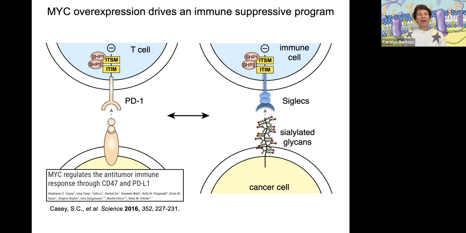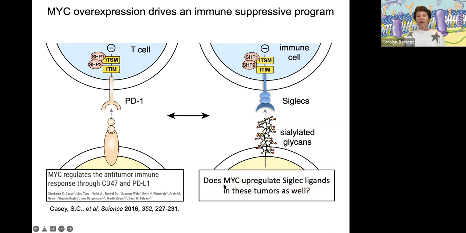So when we saw this paper published in Science, and we saw that MYC was driving the expression of ligands the cancer cell was presenting to immune suppressive receptors, we couldn't help but wonder whether MYC could also be involved in upregulating these sialoglycan ligands for the CIGLEC receptor family, because we understood this analogy.